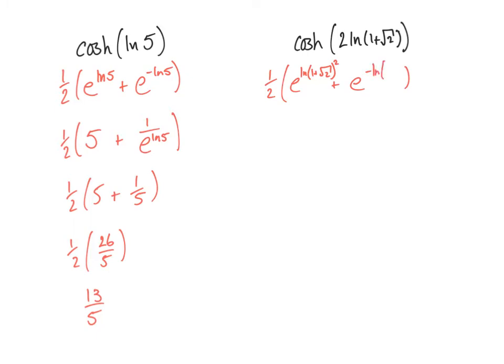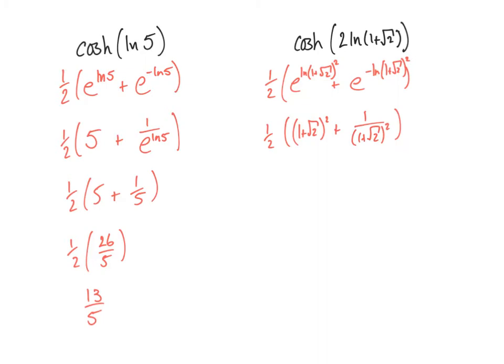And so this would be the same thing, a half of, again, the exponential and the log cancel each other out, and that's just 1 plus root 2 all squared. And on this side, because we have the negative index here, this is 1 over this. So it's going to be plus 1 over 1 plus root 2 all squared.